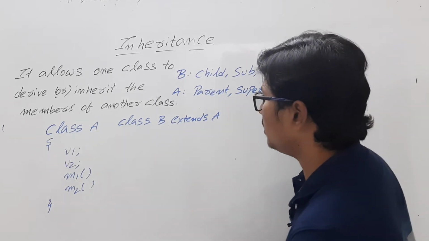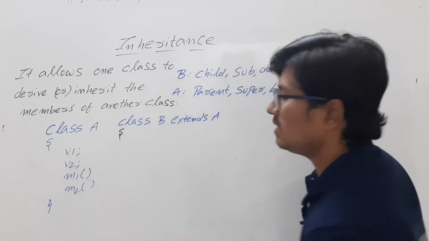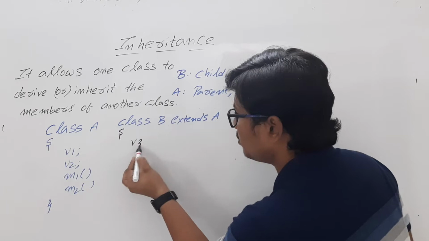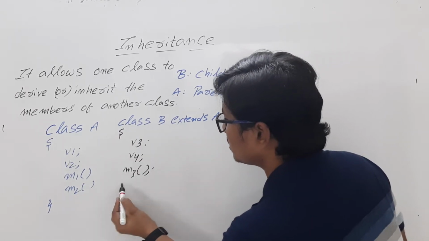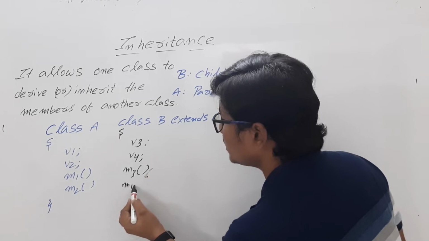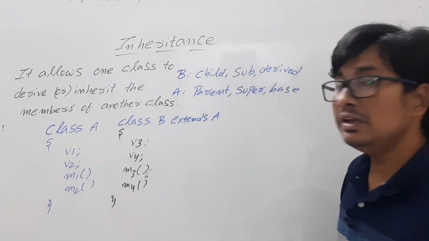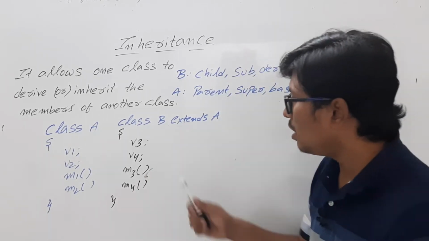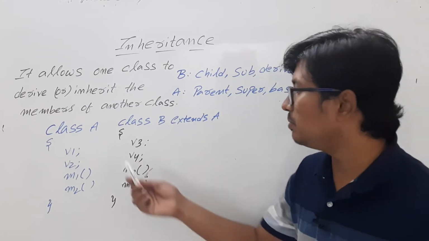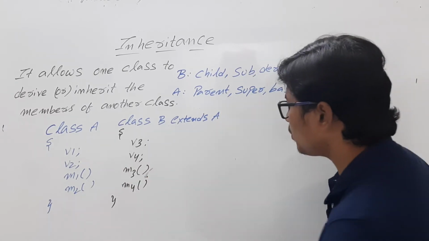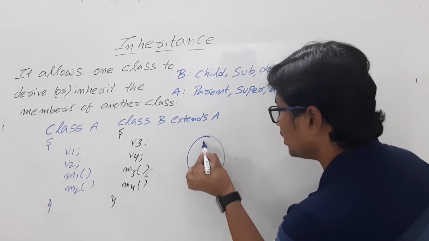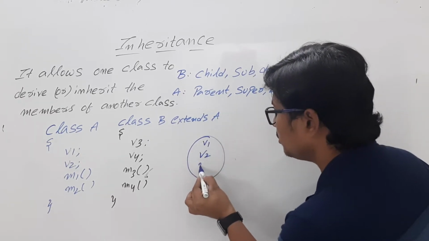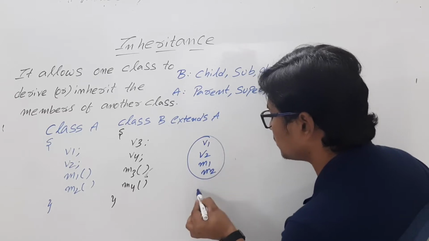Now, if class B has variable v3, variable v4, method m3, method m4, what variables and methods will be there in class B? Remember one thing. Class A has variable v1, variable v2, method m1, method m2.